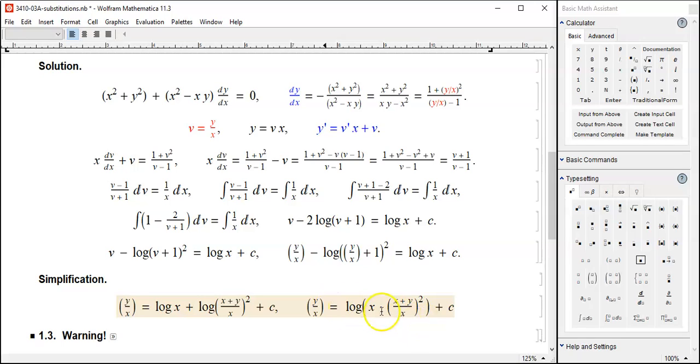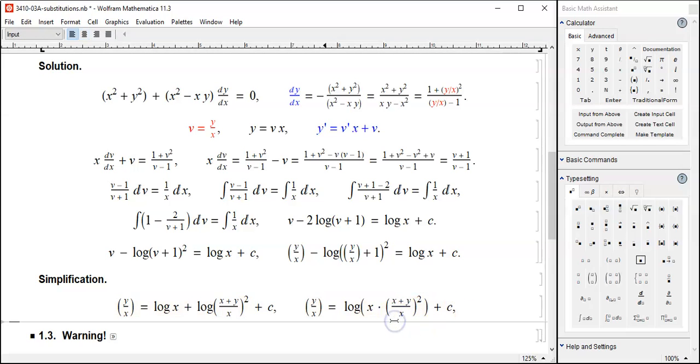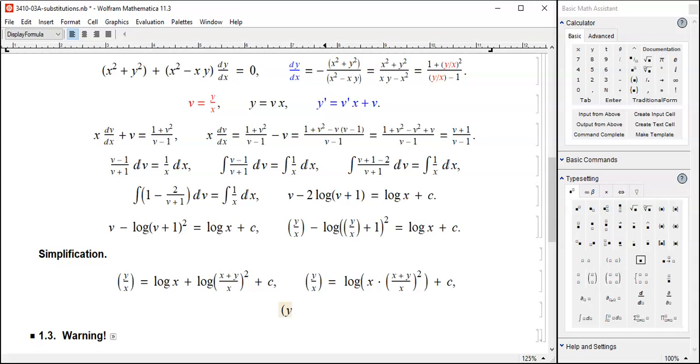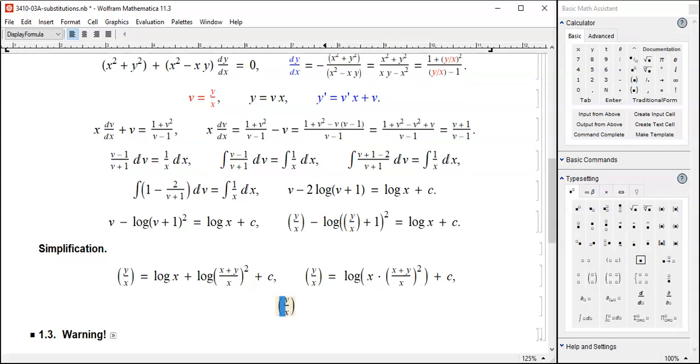So what we have is x here, and then this is x squared. So if you simplify this thing, you're going to get y over x is equal to log of x plus y, total quantity squared over x.